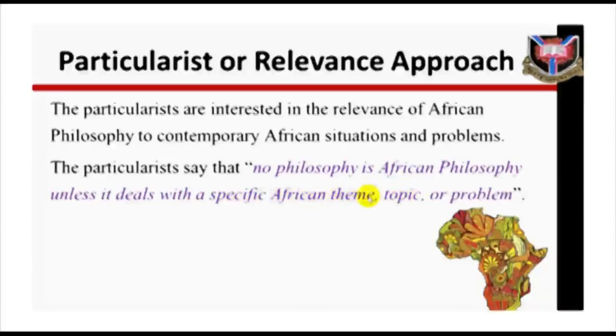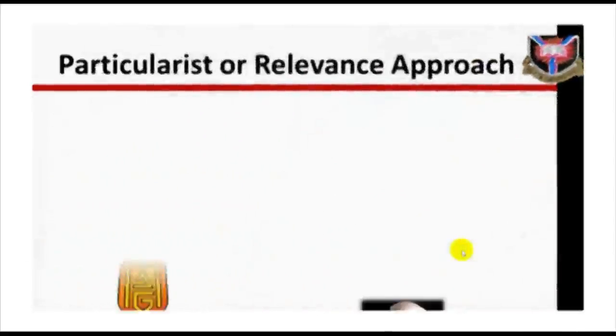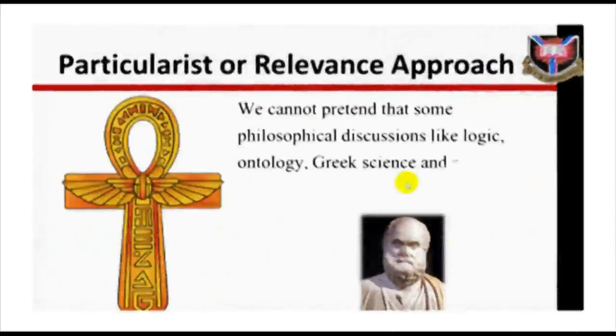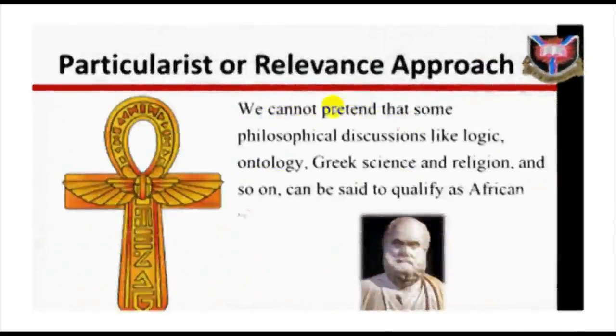According to him, the particularists say that no philosophy is African philosophy unless it deals with a specific African theme, topic, or problem. For example, the Yoruba conception of the person, the Akan conception of truth, the Luo concept of God, Igbo philosophy, and so on.